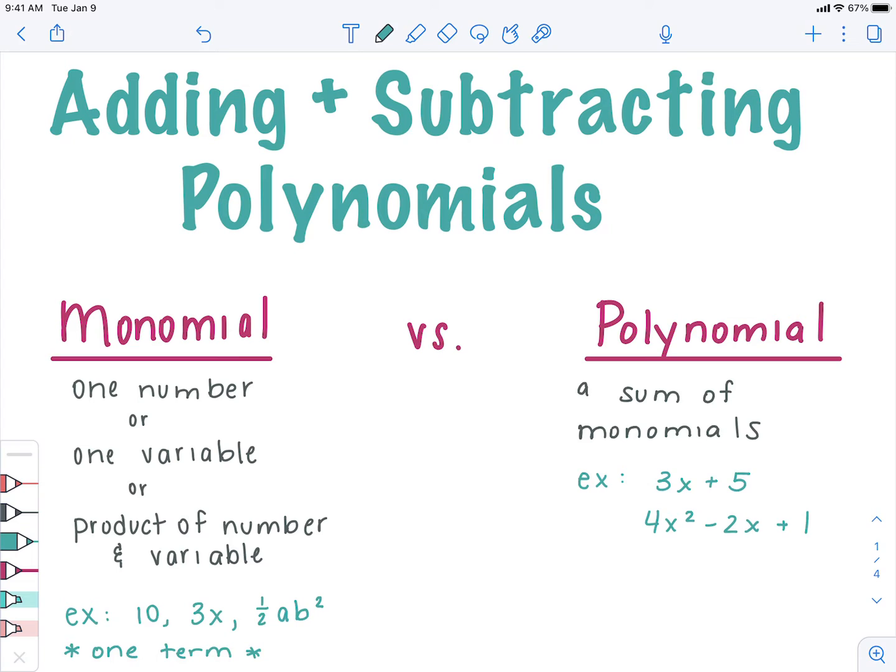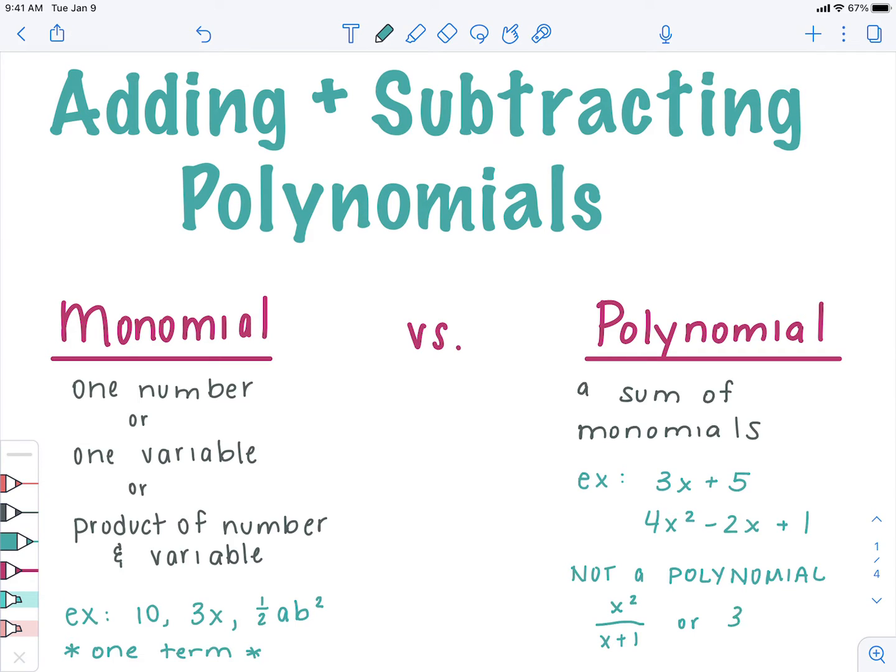Things that are not considered a polynomial would be things that have division in them. So if we had like x squared divided by x plus 1, or if I had a negative exponent.